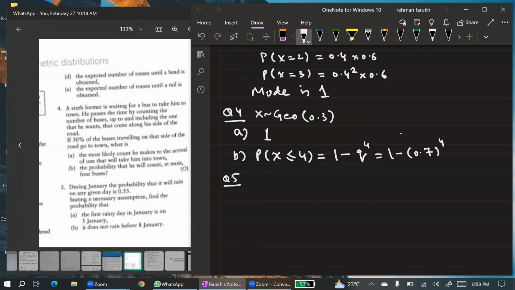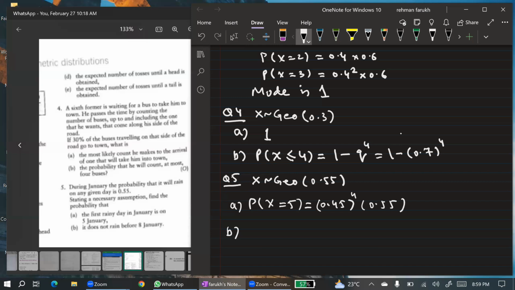So this one is a geometric distribution. We will write down the definition. X is a geometric distribution with probability of success 0.55. On 5th January, probability of x is equal to 5. And what about the previous 4 experiments? Failure. 0.45 power 4, and on the 5th occasion there is a success.